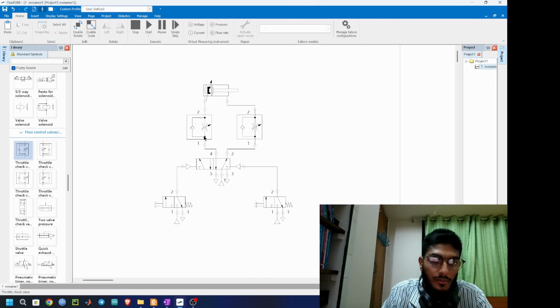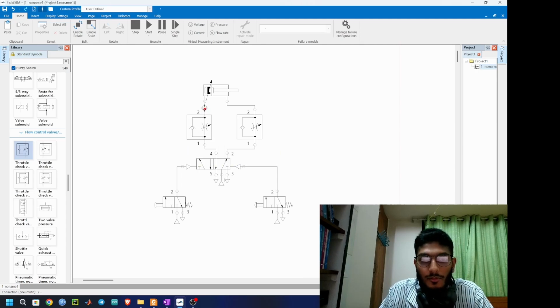Left or up? On the left side, we can see this is a check valve and it is closed. It is one way, so liquid can't go through here. So it will go this side, and this is a restricted side to restrict the flow of the liquid.